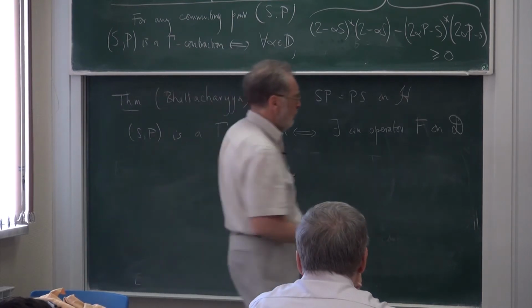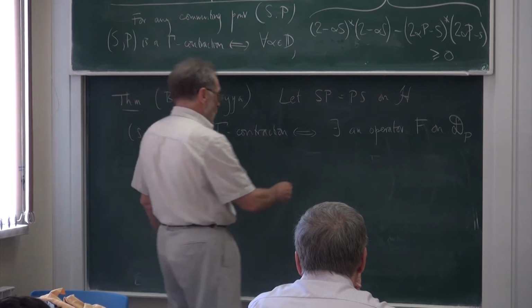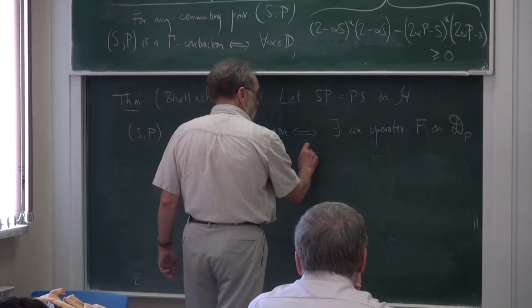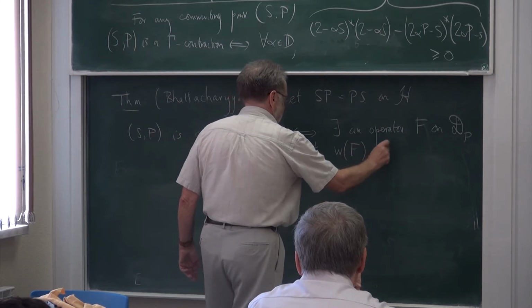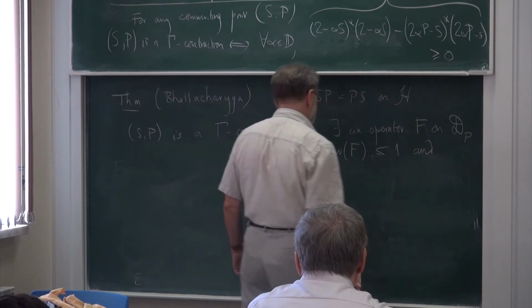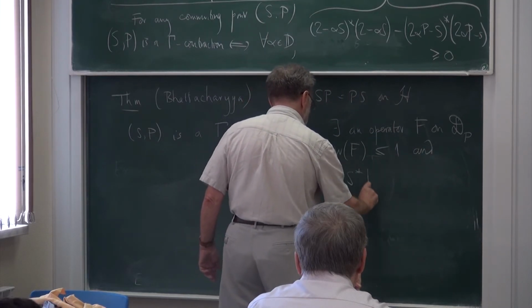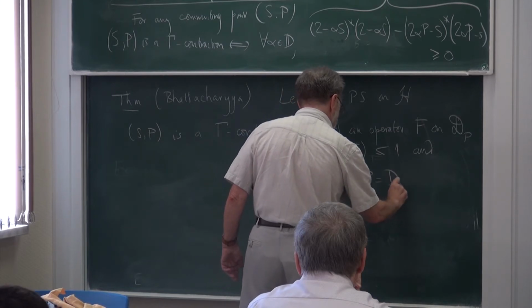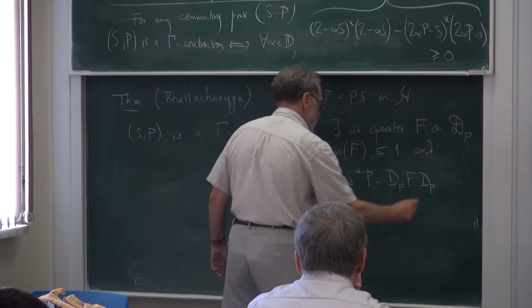Yeah, D_P, the defect space of P, such that the numerical radius of F is less than or equal to 1, and S minus S star P is D_P F D_P.